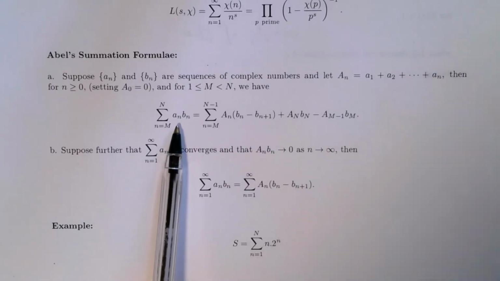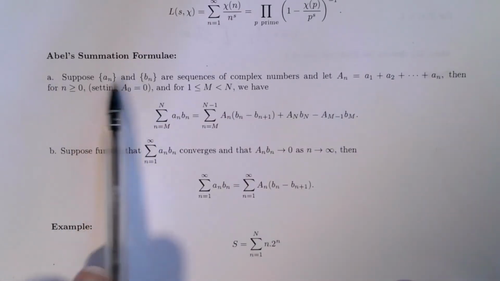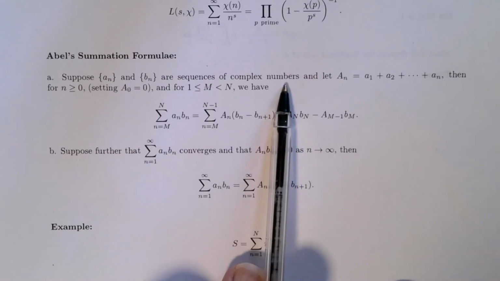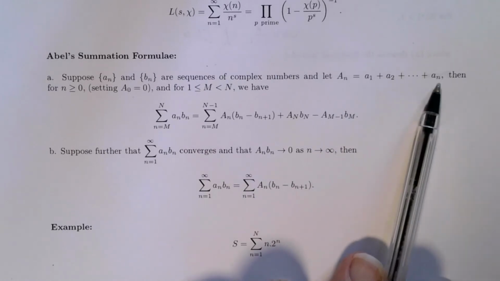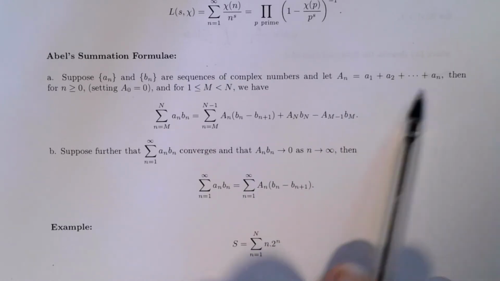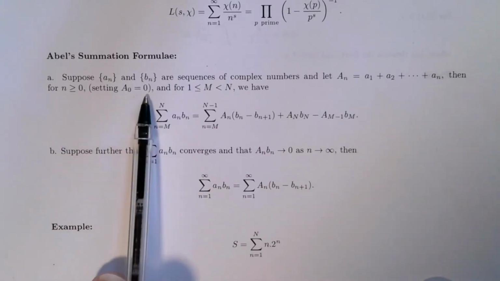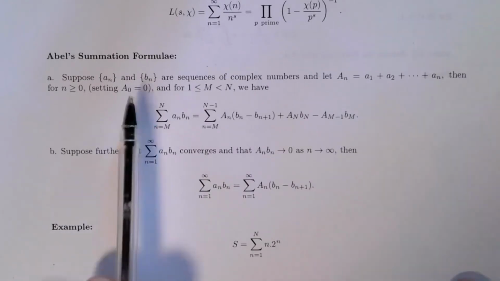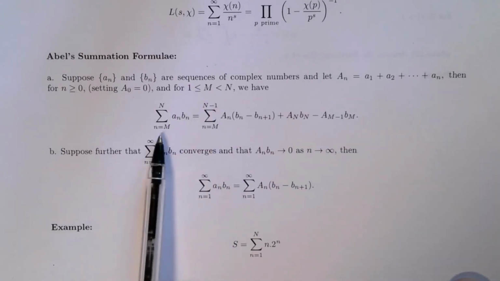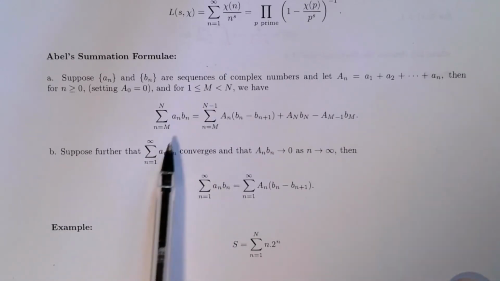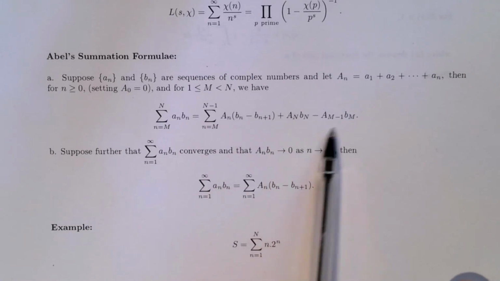So it says, firstly you take a_n and b_n to be sequences of complex numbers. You put A_n to be the partial sums of the little a's, a_1 up to a_n. And for n bigger or equal to 0, we're going to set A_0 to be 0, by the way. And we take M less than capital N and bigger than or equal to 1. Then when we sum this product, a_n b_n, from little n as capital M to capital N, we get this expression.